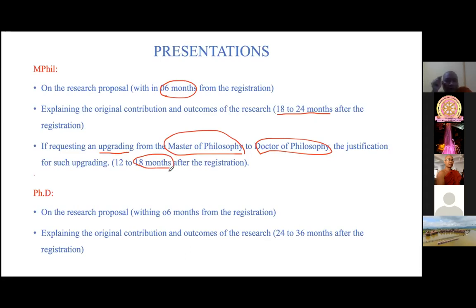But if you are upgrading, you have to do some kind of presentation to upgrade your research to PhD level within 6 months, 1.5 years, but sometimes after 2 years. Even though you have already completed your research, sometimes the institute cannot arrange the presentation for you, for example when there are not enough students.